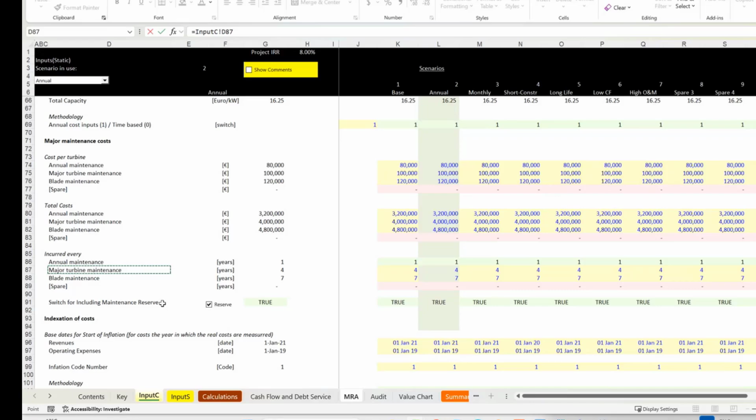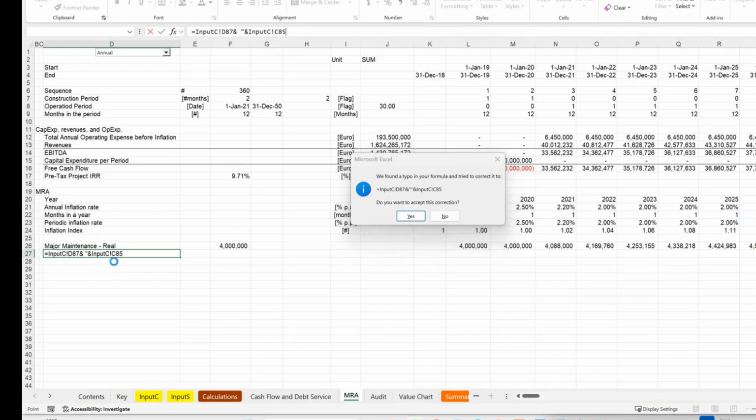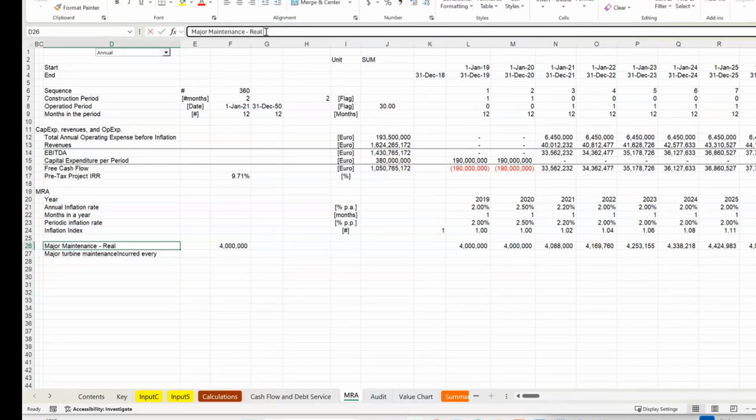I call it real because I call the next one nominal. Oh, did we multiply by inflation? Yes, then it's nominal. I'm sorry. That's nominal, of course.